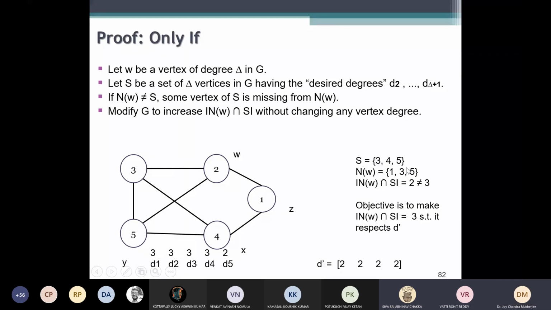The size of that is 2, and 2 is not equal to 3. So the objective is to make N(W) intersection S equal to 3 such that it respects D prime. I have to change this graph in such a way that N(W) intersection S, which is right now 2, should increase to 3 and it will respect G prime. So how do we do this?